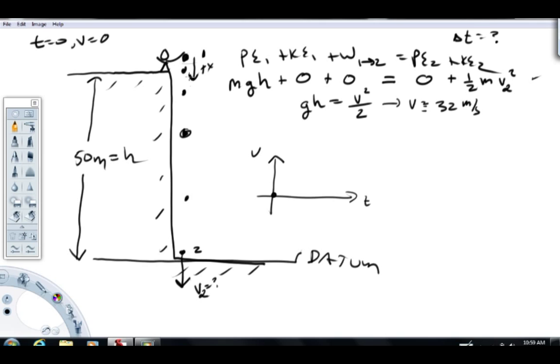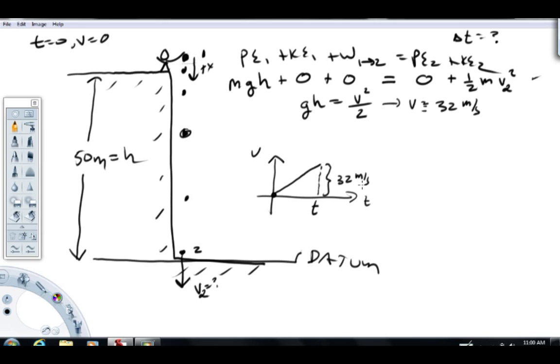And then we know that velocity is going to increase linearly here because the acceleration is constant, right, up to some time t that we don't know yet. But we do know that the final velocity is 32 meters per second. So on the graph, that distance right there is 32 meters per second.